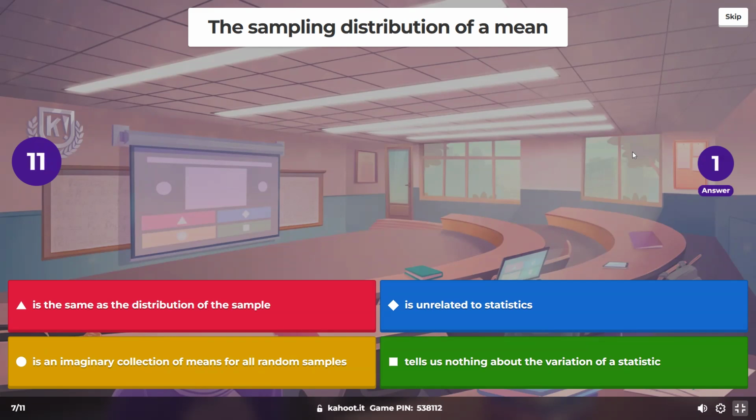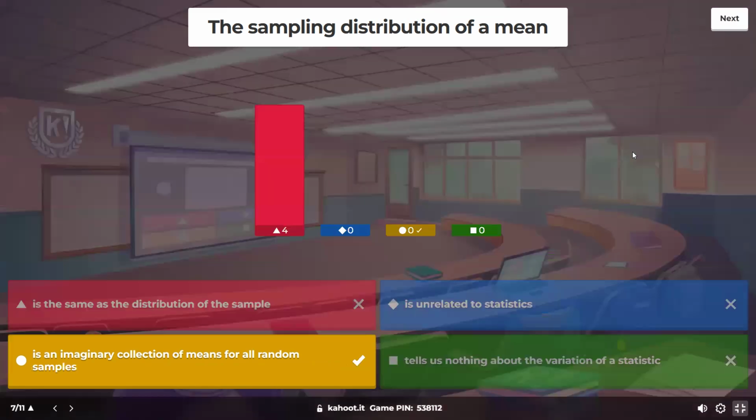Conceptual question. It's not the same as the distribution of the sample because the standard deviation gets smaller for the distribution of the sample means.